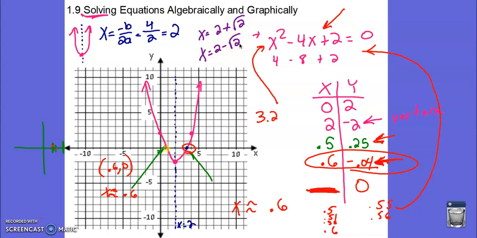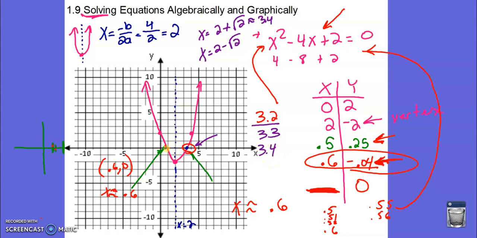And those calculations to the nearest decimal, 2 plus the square root of 2 is approximately equal to 3.4. So my guess, 3.2, 3.3 was close. I would have had to keep going to 3.4 to find that.